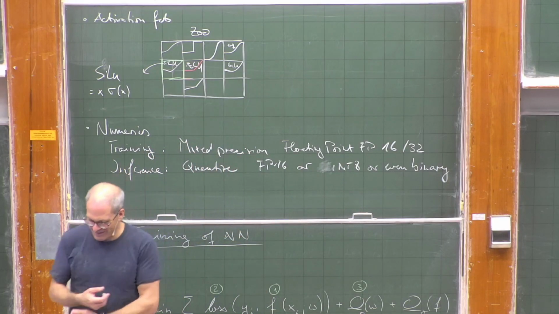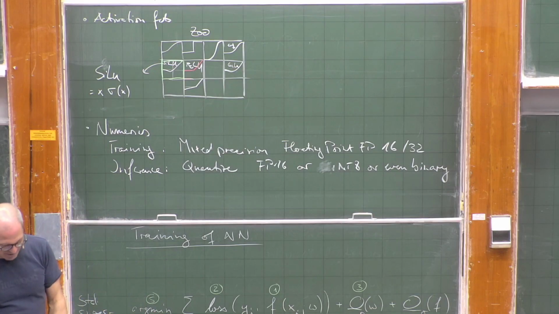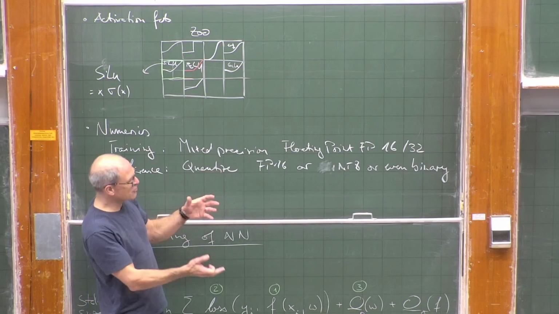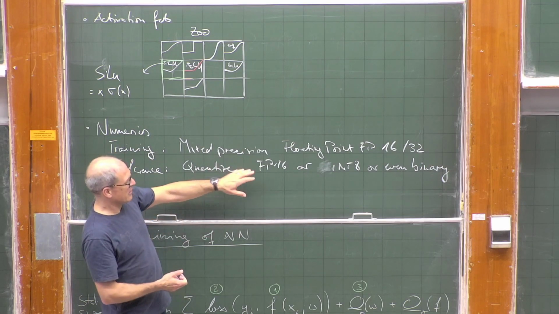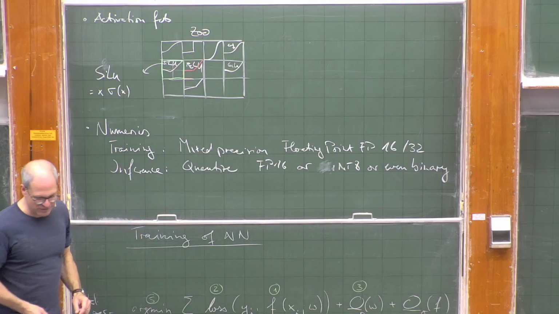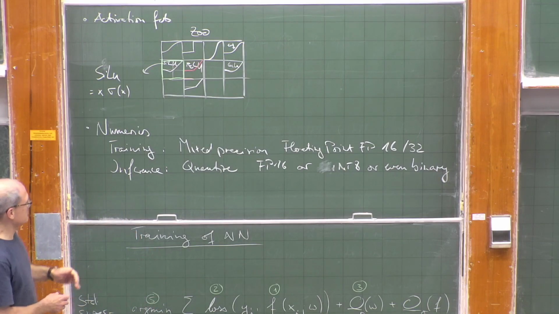It lowers the effort dramatically, of course. And here in Heidelberg, the lab of Holger Fröning is quite interested in this interplay of hardware and neural network. So how to simplify your neural network to make it run fast on this type of hardware.